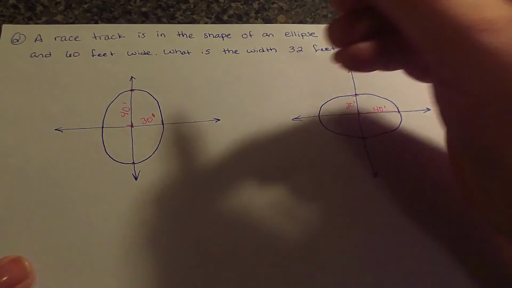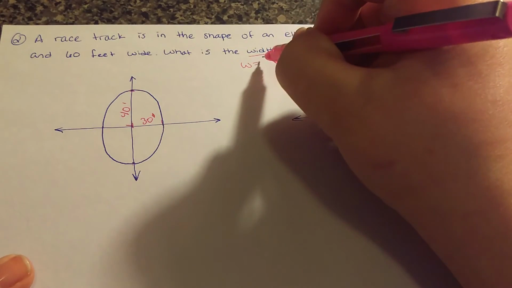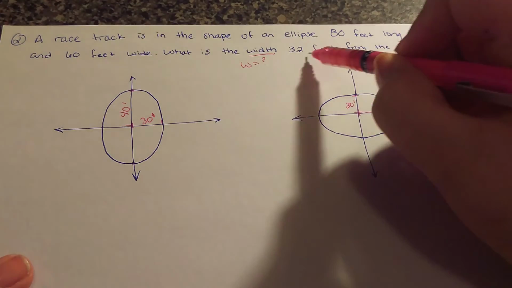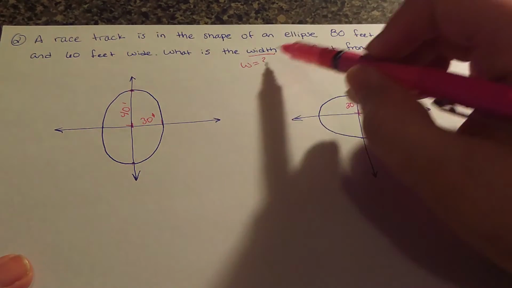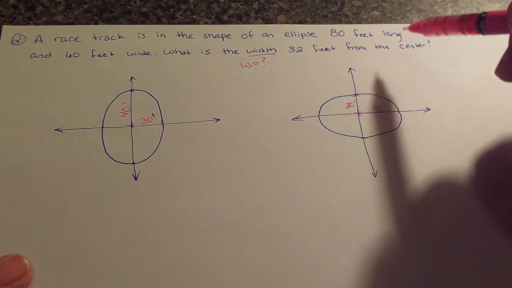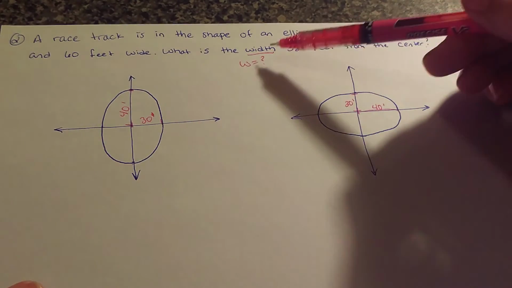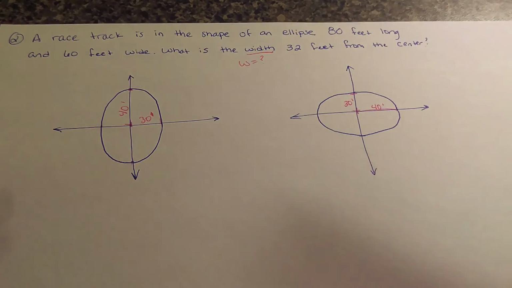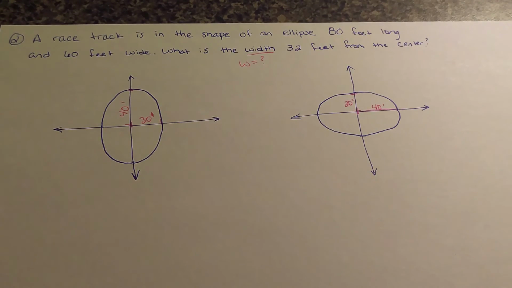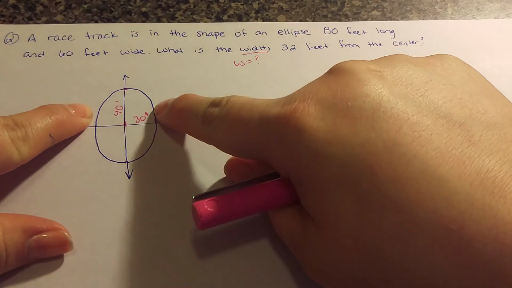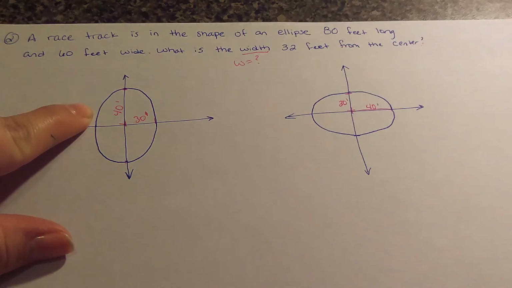What is the width? So that means we're solving for W, 32 feet from the center. Now this question I think is a little bit tricky because it doesn't tell you in which direction you're measuring 32 feet. So you have to interpret based on what it's asking for. It wants to know what is the width, that's the short dimension, when you are 32 feet from the center.